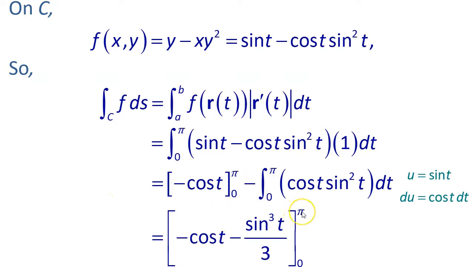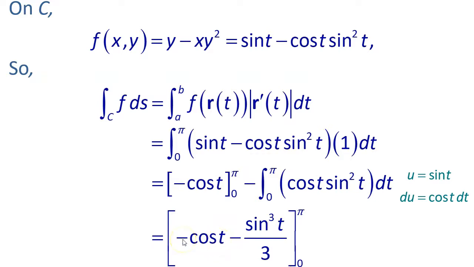Now when you plug pi into cosine, you get -1, but we have a minus out here, so that becomes +1. When you plug pi into the sine function, you get 0, so this goes away. So far we have +1. When you plug 0 into cosine, you get 1.